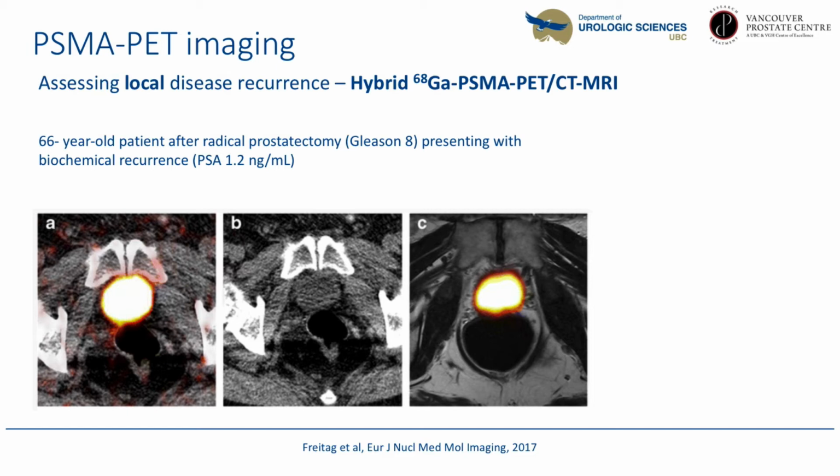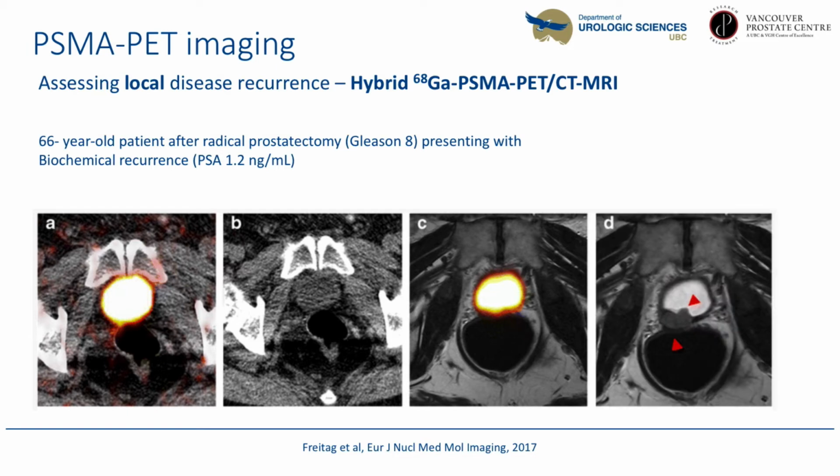You can see the PET CT, then the CT only, and the PET MRI component, and you can see some bladder activity there, but I guess we all would agree that there's no sign of local recurrence. However, if you now look at the MRI component only, you suddenly see this mass that definitely does not belong here.